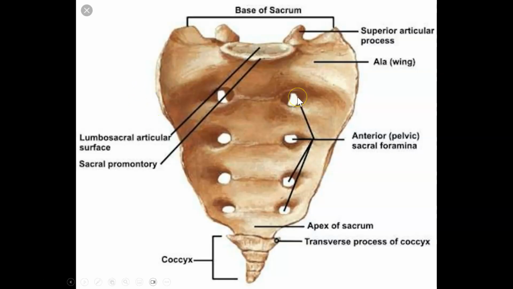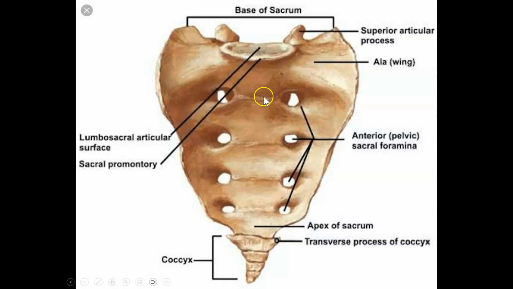So this is the anatomy of the sacrum. It is like a triangle. The base is up, articulating with L5 by the disc, which is a fibrous joint, and the inferior articular facet of L5, forming the lumbosacral articulation.